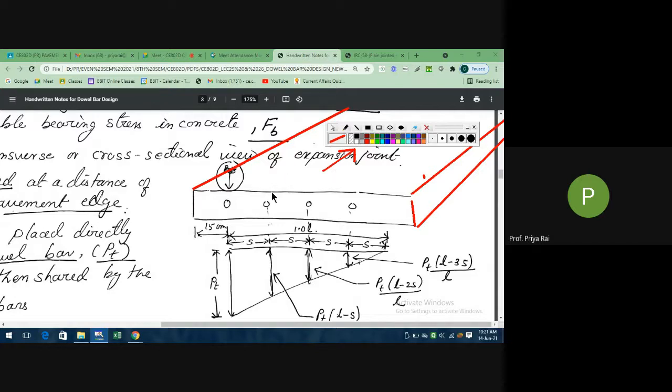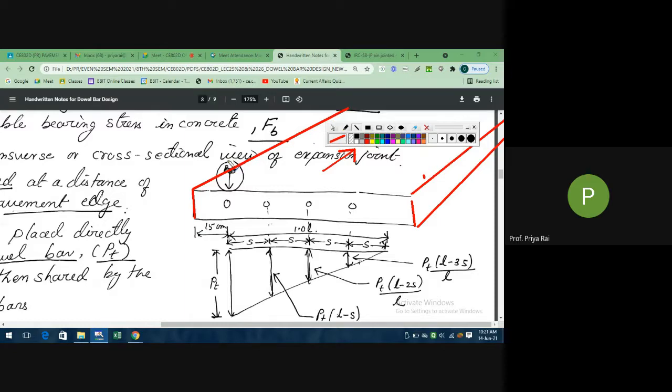Now your traffic or wheel load is at this position. Tell me, which is the edge? The edge will be this one. Please remember, this is the edge of the pavement. Edge means the outer end, the outer side of the pavement. We know that there are three critical positions of wheel load: interior, corner and edge.